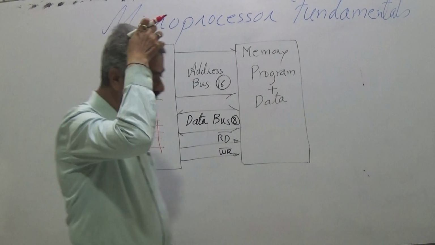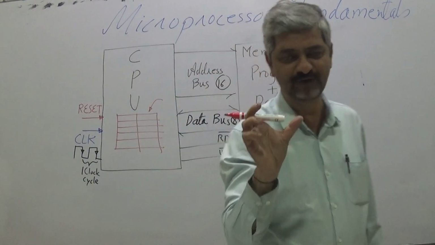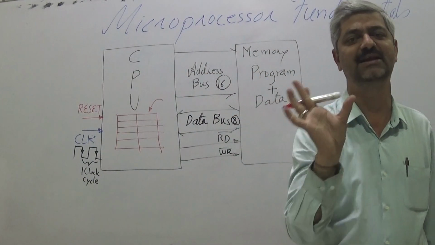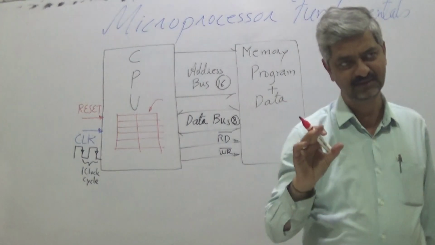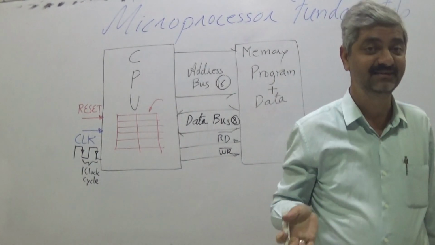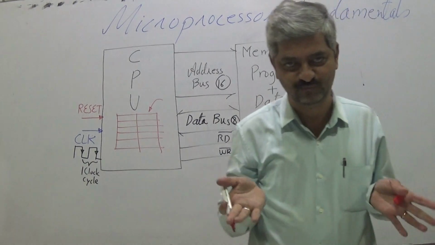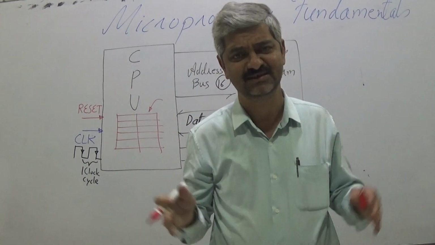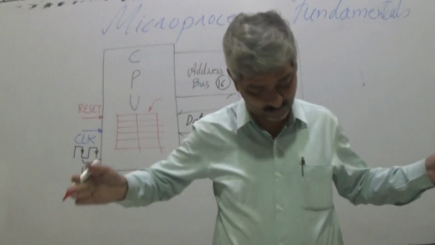One byte, that is a group of 8 bits, is universally referred to as one location. It is a convention. Why 8? There is no answer. Why not 16 taken, or why not quad?